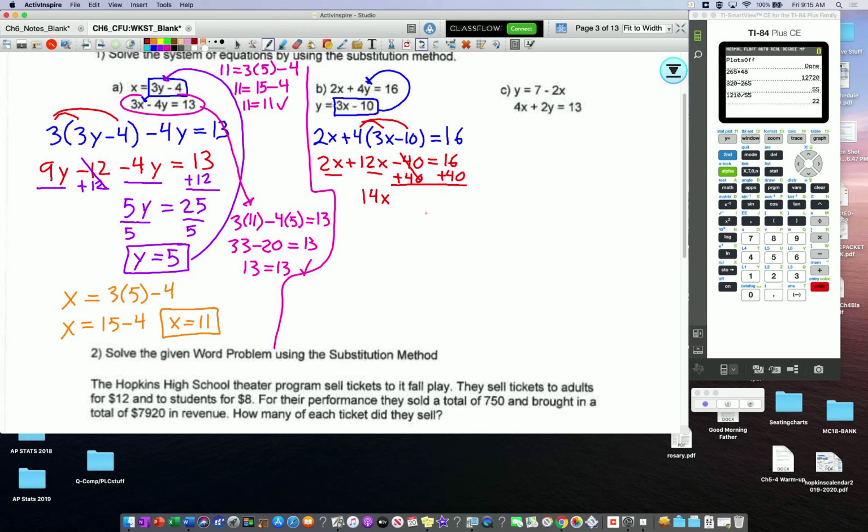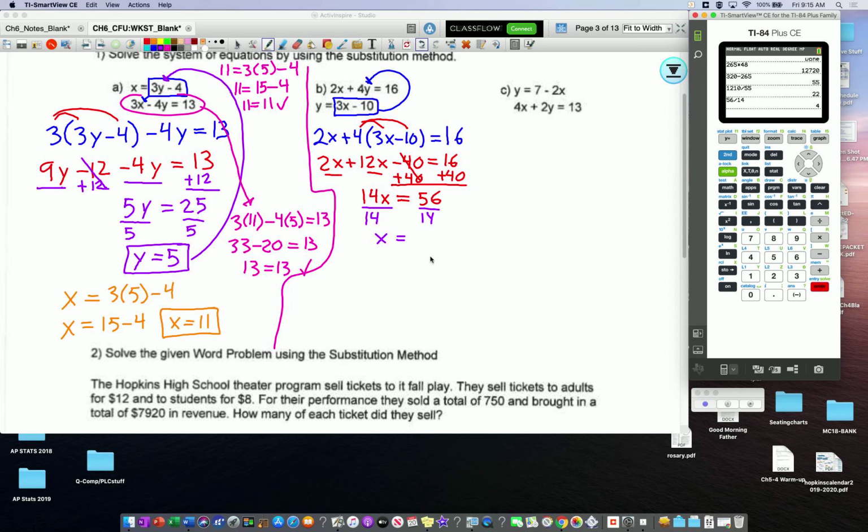So those cross out. So I have 14x equals 16 and 40 makes 56. So now, divide both sides by 14. x equals, just in case, 56 divided by 14, I believe is just 4. So x equals 4.